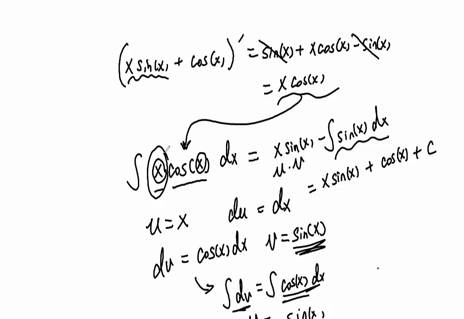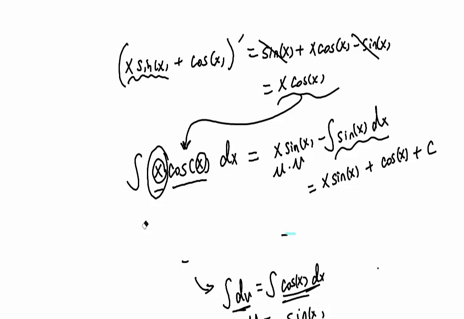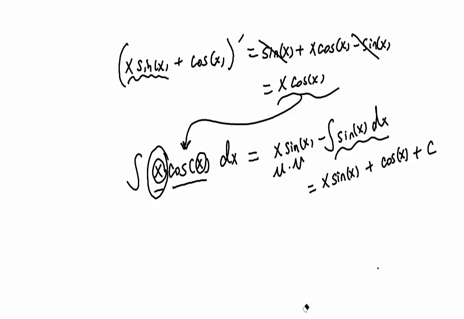If instead of x I have x squared, what's going to happen? Then we have to do the integration by parts 2 times.